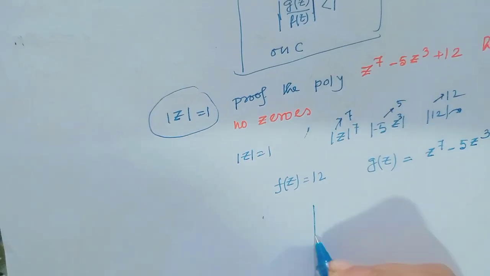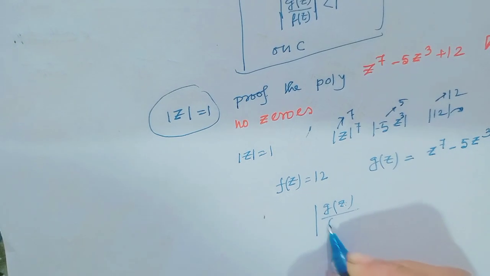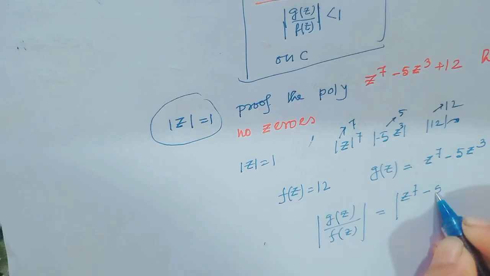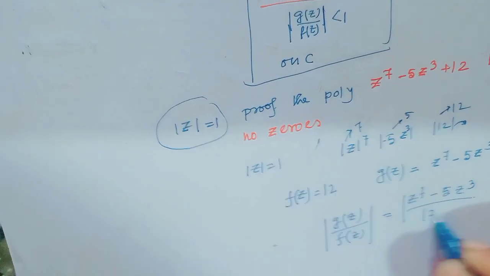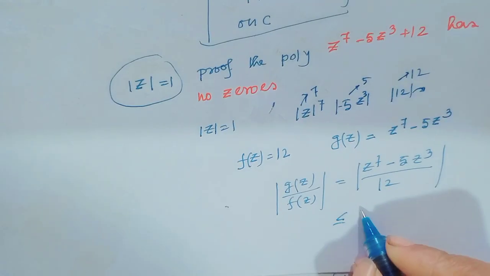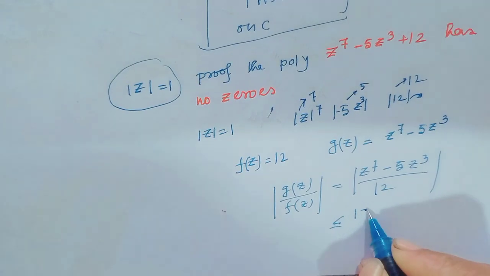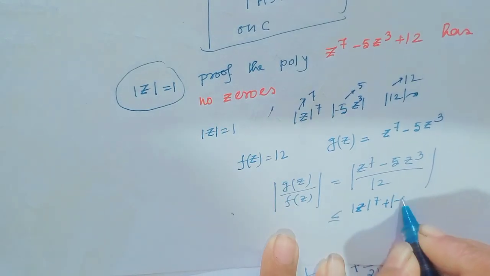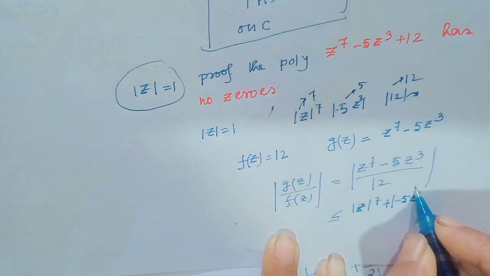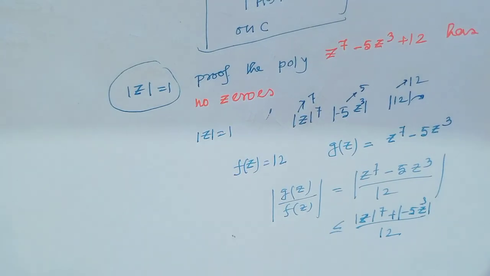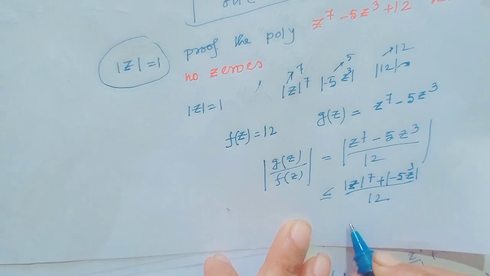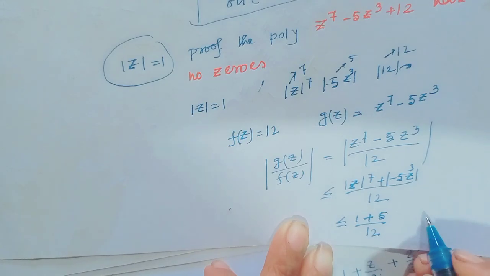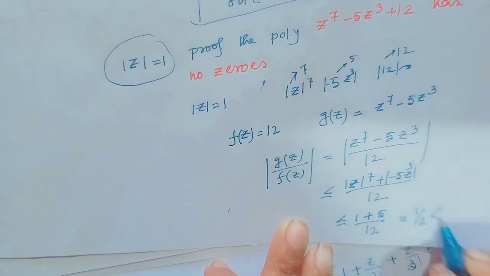Then g(z) over f(z), this value is z to the power 7 minus 5z cube divided by 12, and this is less than or equal to mod z to the power 7 plus mod 5z cube over 12, and on mod z equal to 1, this value is 1 plus 5 over 12, this value is equal to 1 by 2 and 1 by 2 is less than 1.